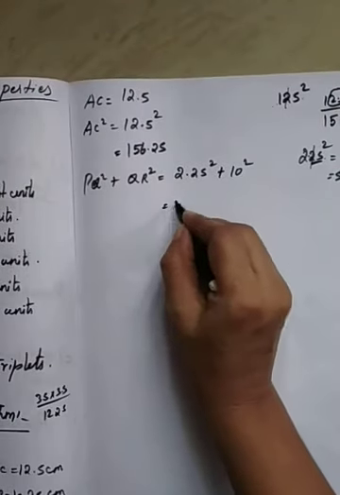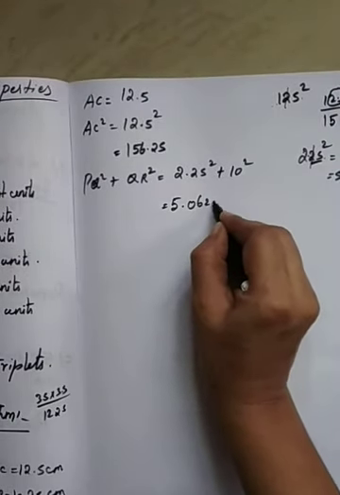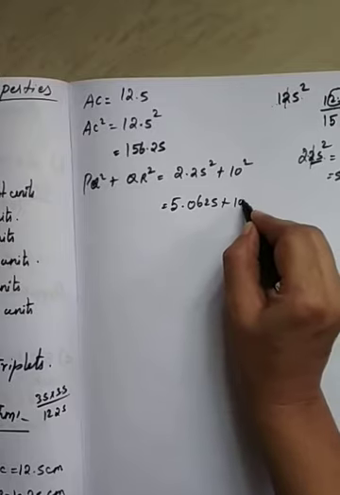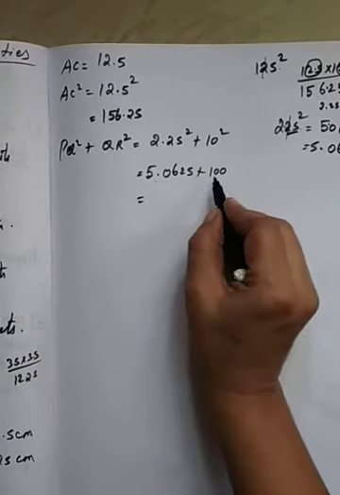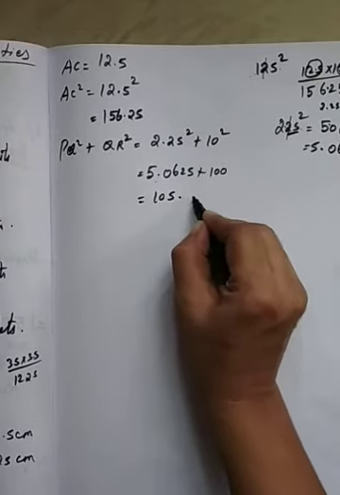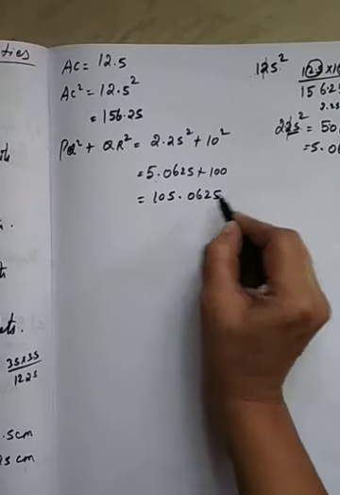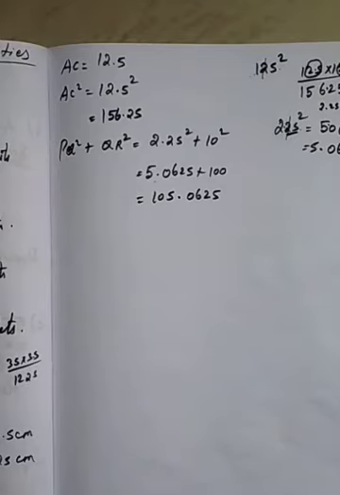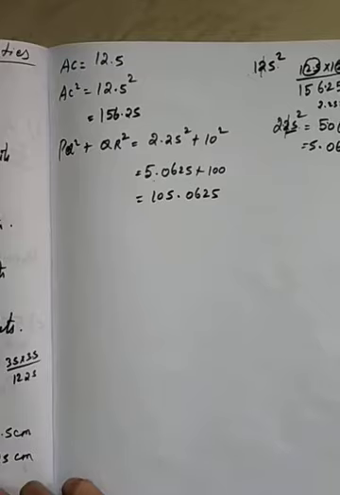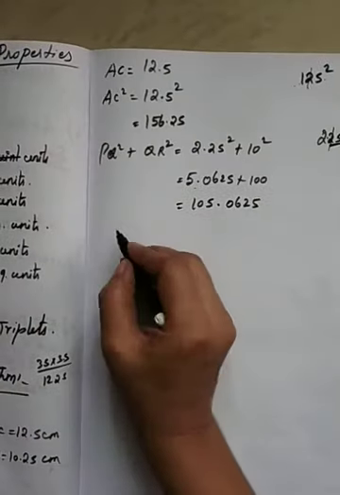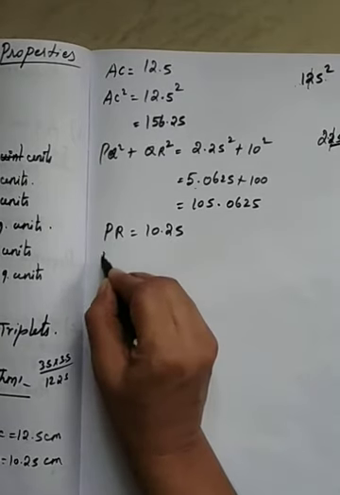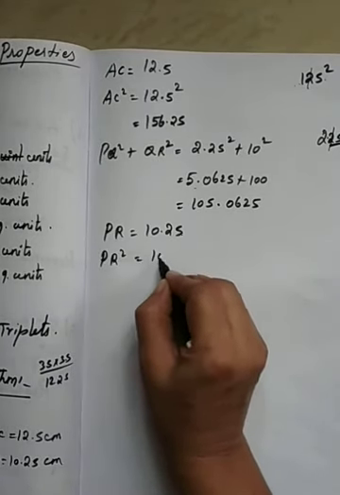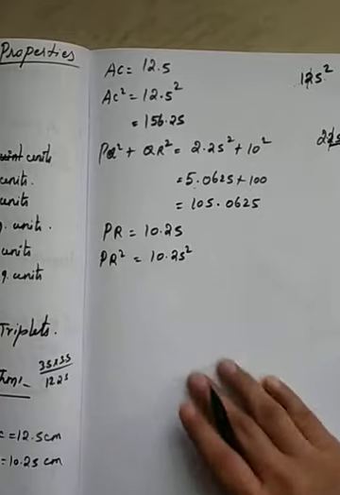Then 5.0625 plus 10 squared, which is 100, gives 105.0625. This is PQ squared plus QR squared. Now you have to find PR squared. The PR value is 10.25, so PR squared is 10.25 squared.